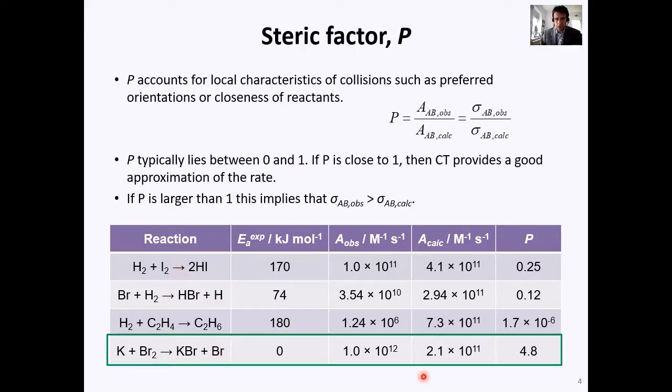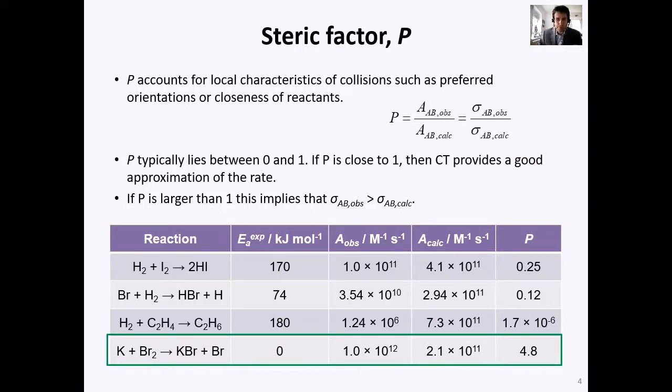The one down the bottom here that I've put in a box, as I said already, in this case, P is bigger than 1, and this implies that the observed cross-sectional area is bigger than the one we've calculated. So it's bigger than the one that we assume by, for example, the van der Waals radius. So this has to have a specific reason for it, and that's the reason I'm going to go to the next slide.